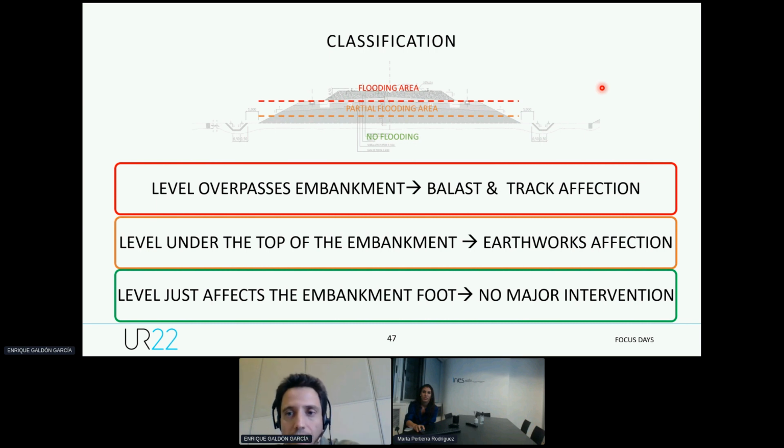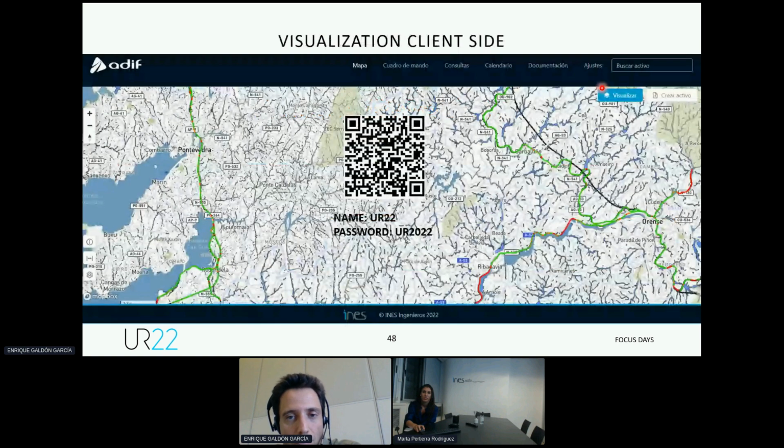I'm showing here a picture of it, but if you want, you can go into the QR code, and you have a name and password to test a bit what the client can see. I'm sorry that it's in Spanish. We have other tools in English, but this one is for the Spanish administration, so we have it in Spanish.